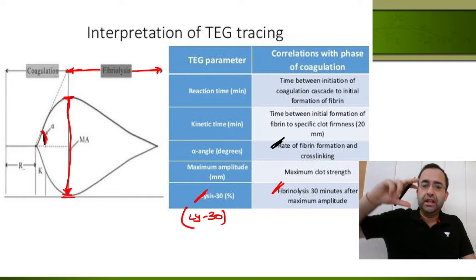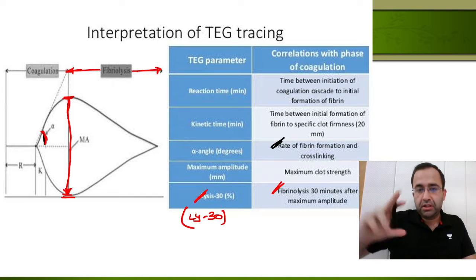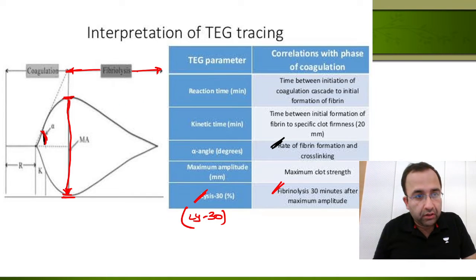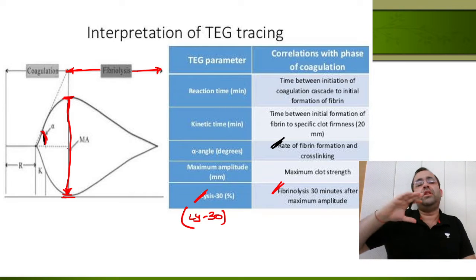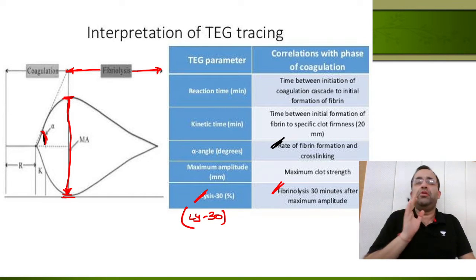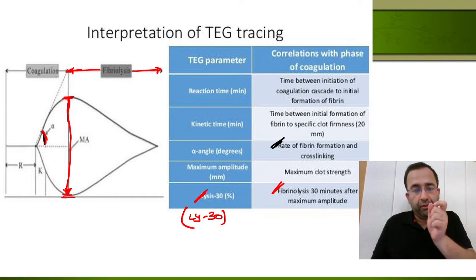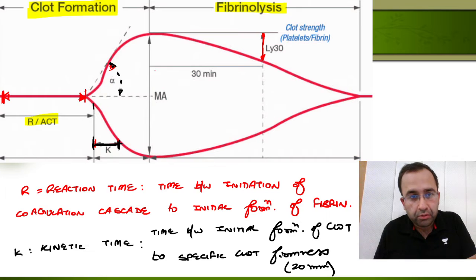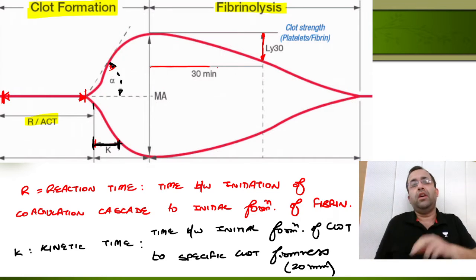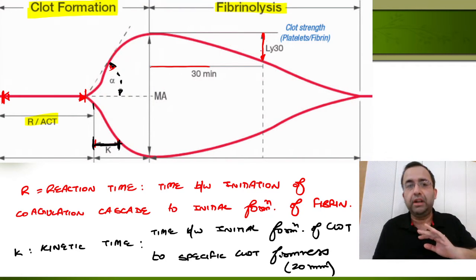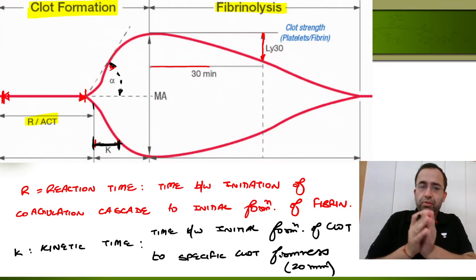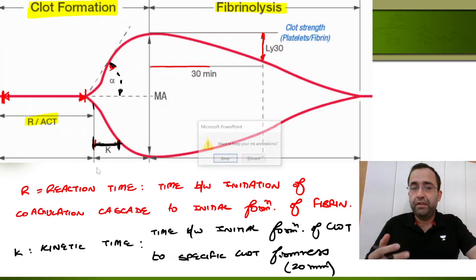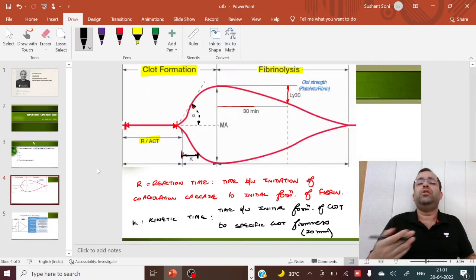Next is maximum amplitude, the maximum clot strength, followed by fibrinolysis detected by LY30, fibrinolysis 30 minutes after maximum amplitude. This is TEG, thromboelastography. These are the parameters evaluated by it.